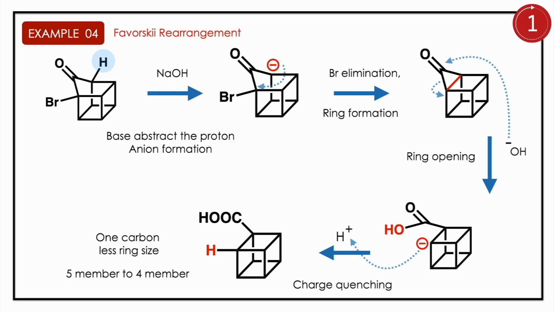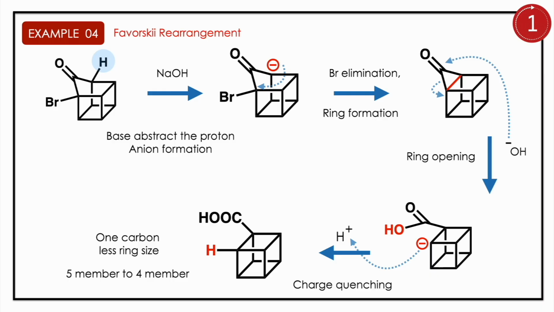You are using a base, so Favorskii rearrangement. The base abstracts the proton. You have the anion there. The anion is a good nucleophile. It attacks the bromine. You have cyclopropanone. The cyclopropanone is strained, so NaOH, OH minus, attacks.